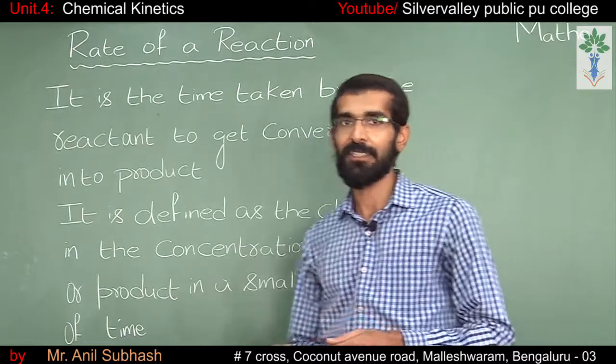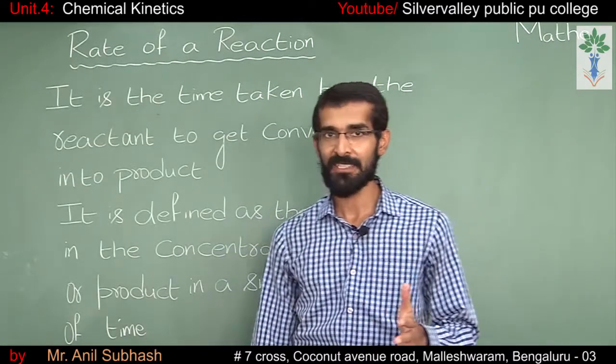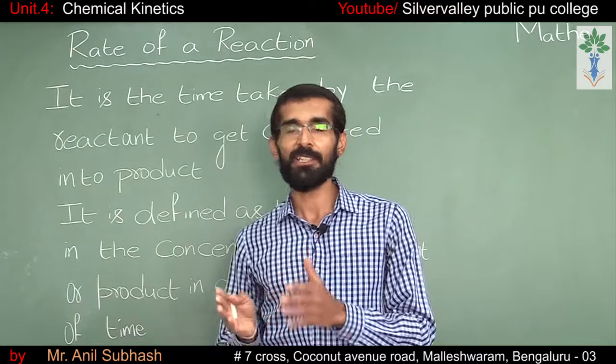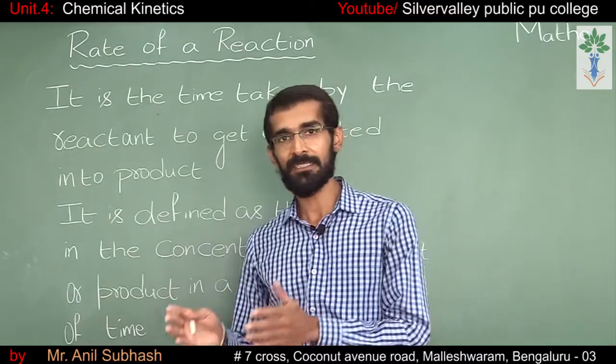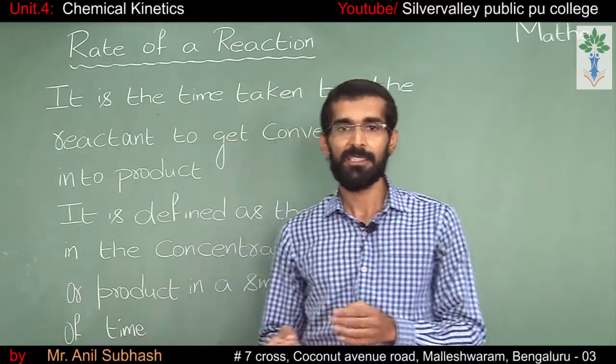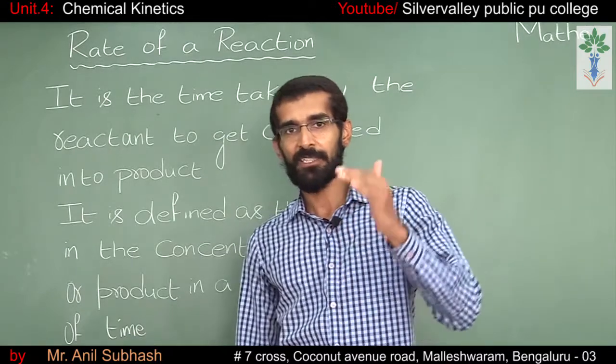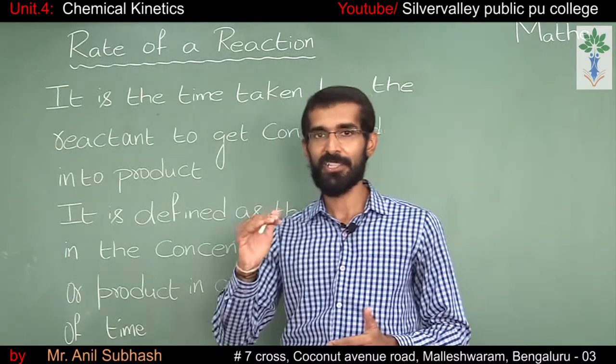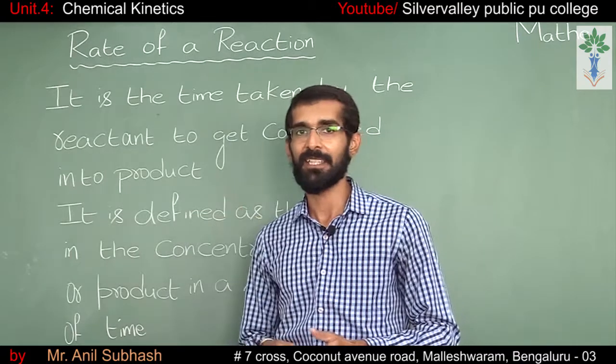We all know that whenever a chemical reaction takes place, there is a change in the concentration of reactants and the concentration of products. That is, the concentration of reactant goes on decreasing and the concentration of product goes on increasing.